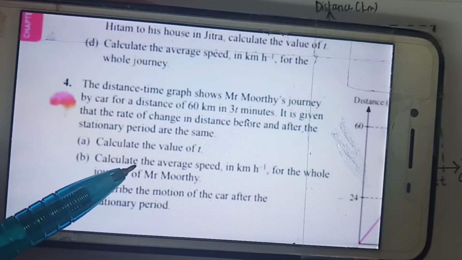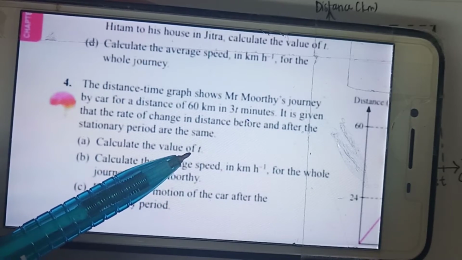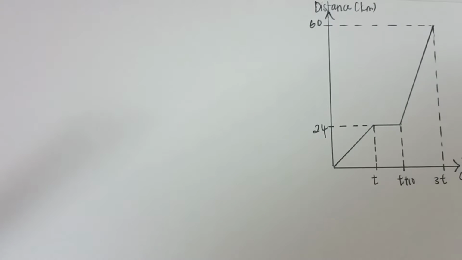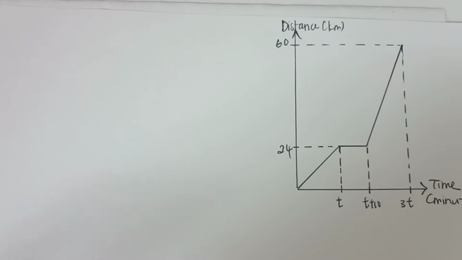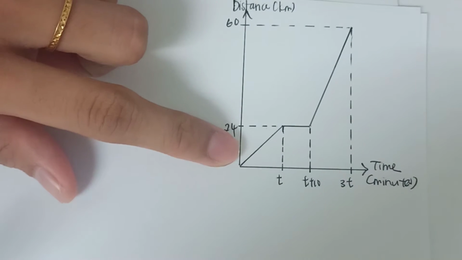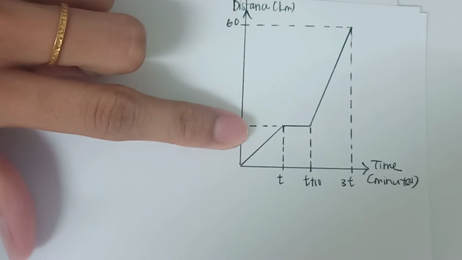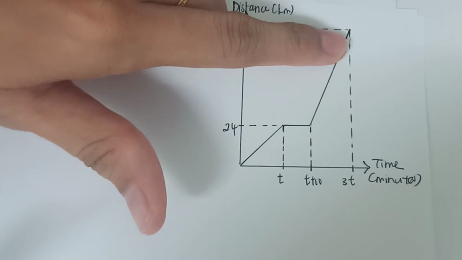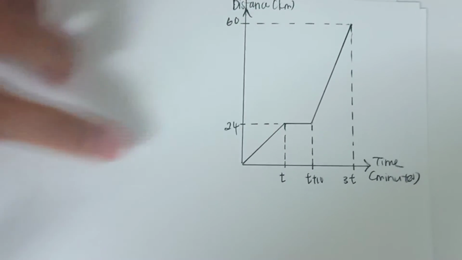For question A, calculate the value of t. Okay, so let's try this together. So this is the drawing of the graph. We know that the rate of change of distance, the speed before and after the stationary period, is the same. So we can write it down.